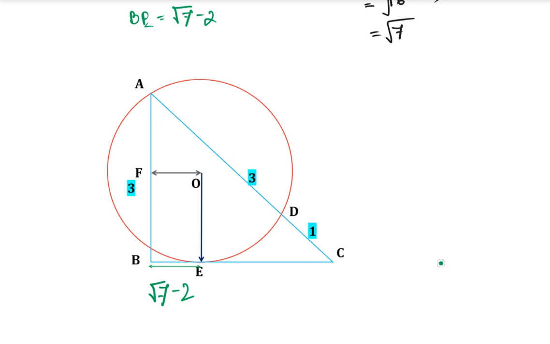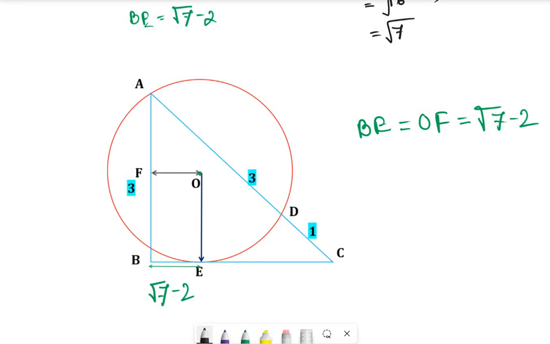So same as we extend from the center of this circle O to perpendicular of the AB line, that is OF, this is same as BE. So we can write down BE is equal to OF is equal to square root of 7 minus 2.